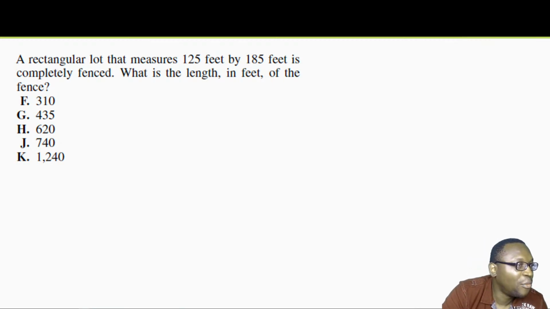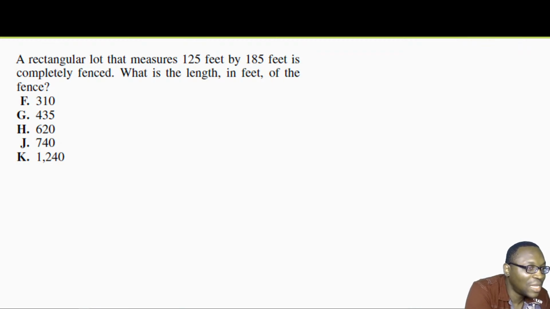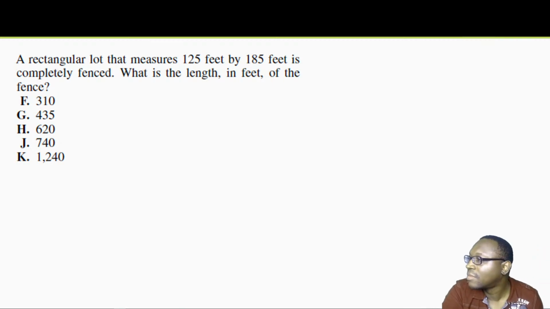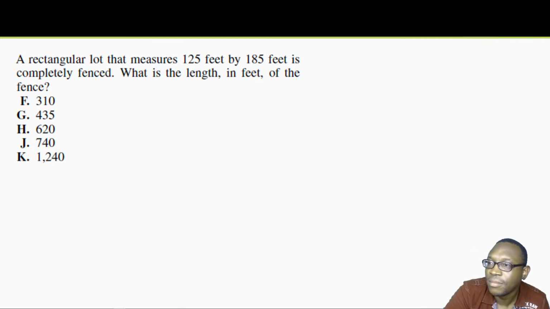So we're looking at a rectangular lot that measures 125 feet by 185 feet, and that is completely fenced. What is the length in feet of the fence? I'll give you a few moments to try to answer this question, and then we'll do it together.